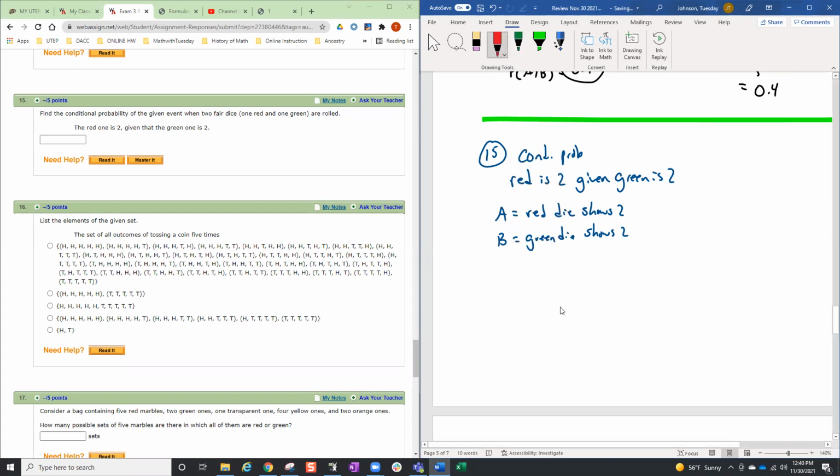Okay. So the red die shows a 2, so we'll have 2 6 times. And with that 2, we could have a green 1, a 2, a 3, a 4, a 5, or a 6.